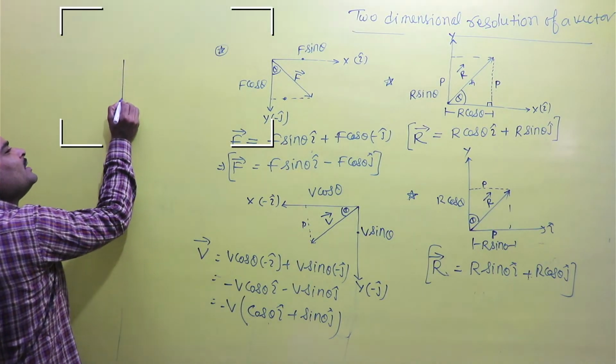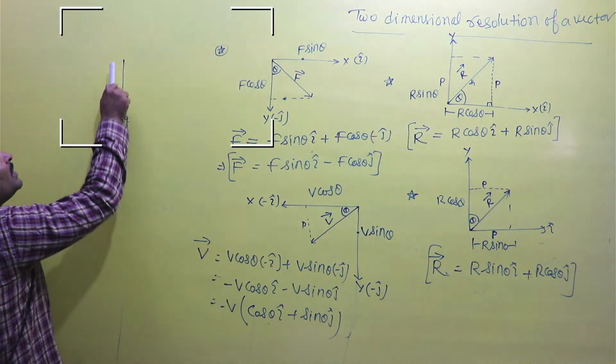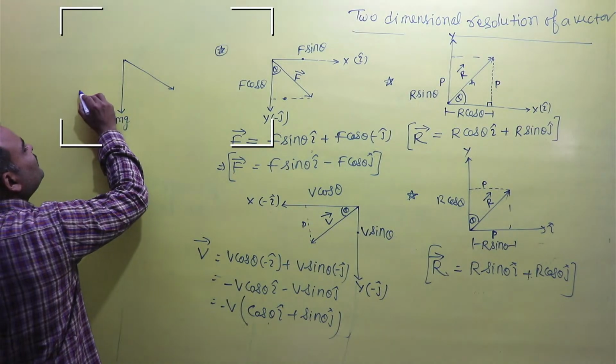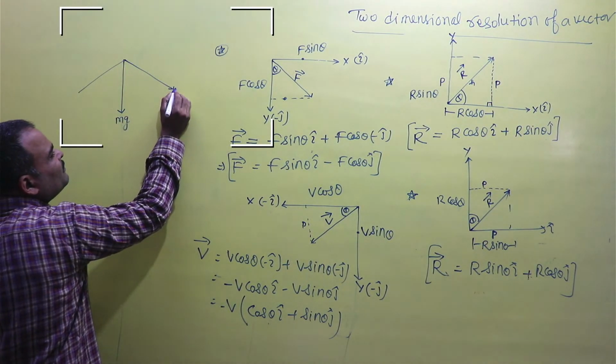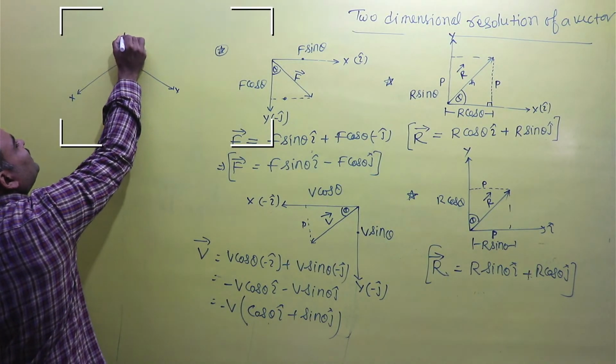If we have given the weight force mg normally downward, then we can resolve the vector this way. This may be x-axis and this may be y-axis and this may be z-axis.